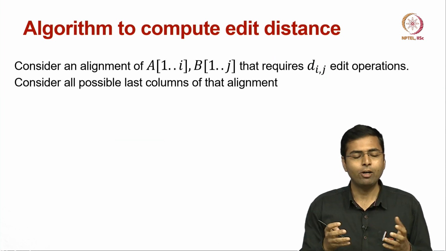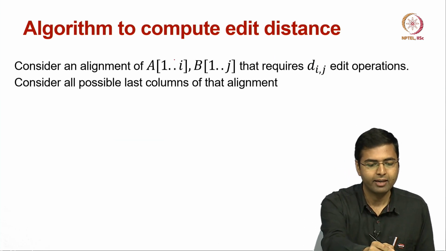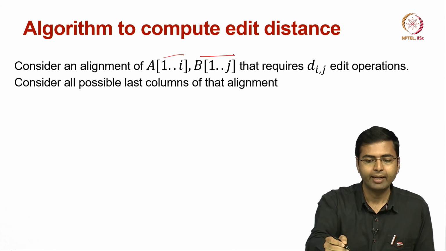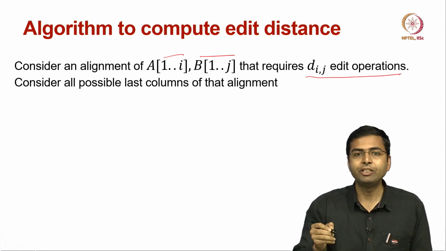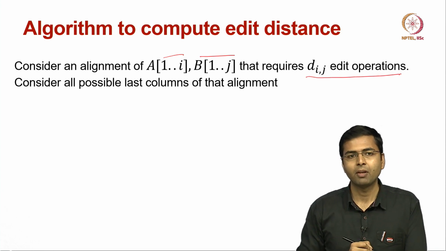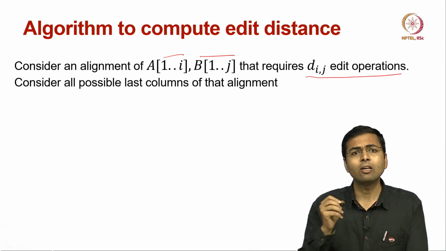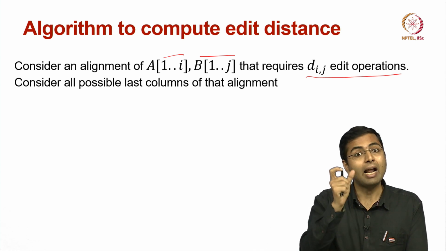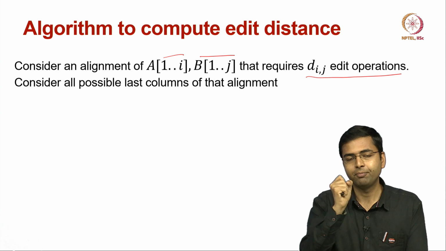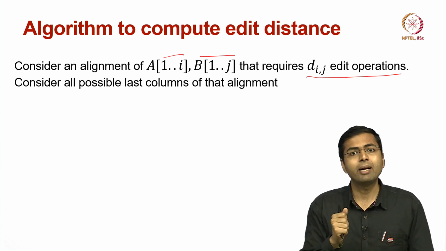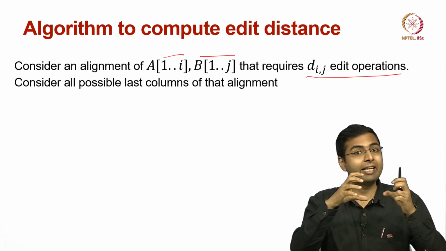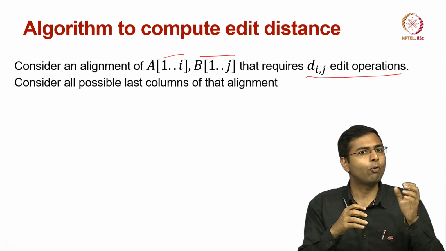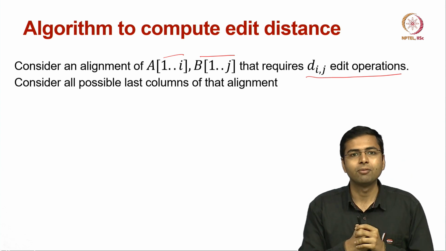So, consider an alignment of a_1 to i and b_1 to j that requires d(i, j) edit operations, and consider all possible ways in which the last column of that alignment can look like. Remember that alignment can be visualized as a table also, and let us focus on the last column of that alignment.